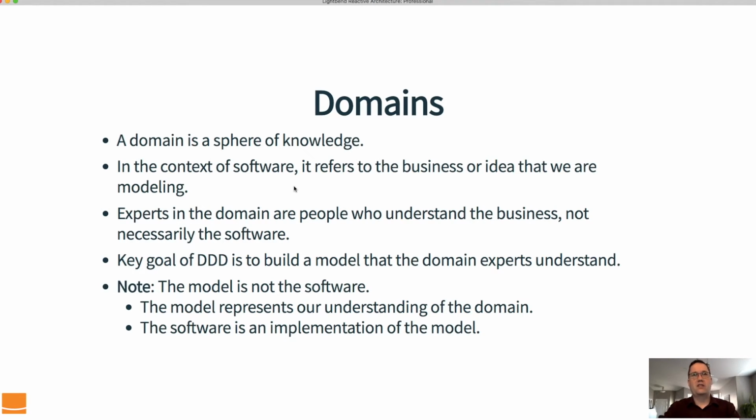And as a result of that, if we talk about the model, we are talking about the software, if that makes sense. We want those two things to reflect each other in a way that is very closely aligned, so that when we're talking about one, we are talking about the other. They don't differ so much that it creates issues in that communication.